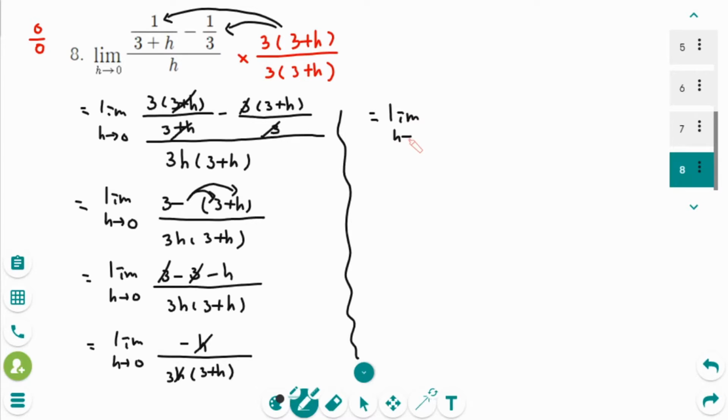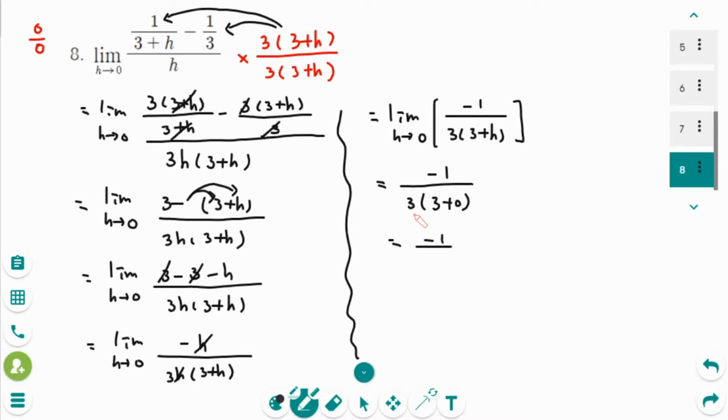So the limit as h approaches 0 of minus 1 over 3 times 3 plus h. Then put 0 into h, minus 1 over 3 times 3 plus 0. So minus 1 over 3 times 3, which is 9. So the final answer is minus 1 over 9.